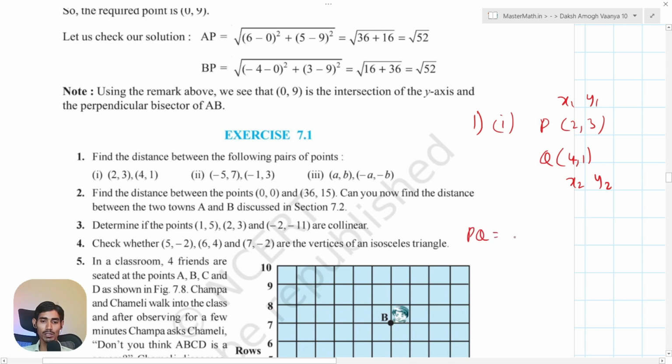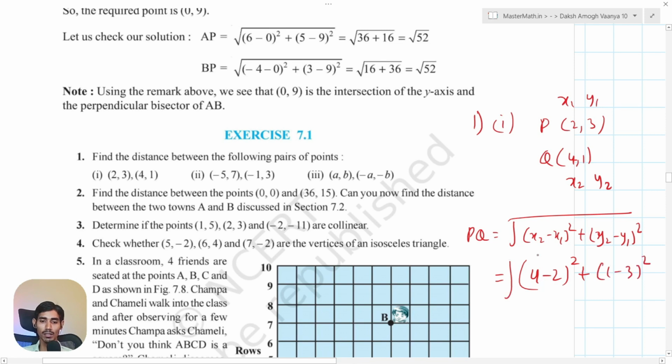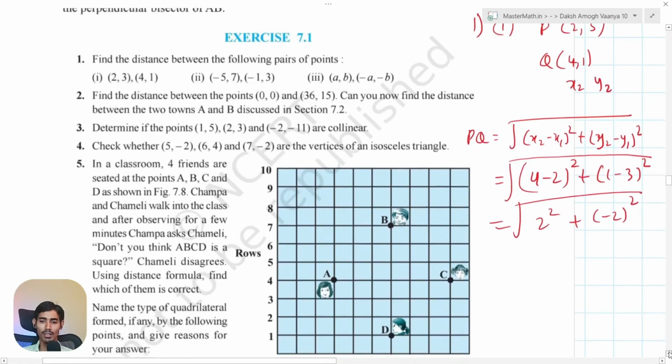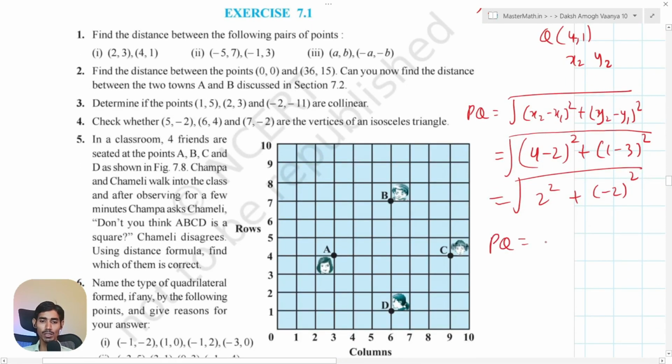So PQ distance is the square root of x2 minus x1 square plus y2 minus y1 whole square, which gives 4 minus 2 square plus 1 minus 3 square. So 2 square plus minus 2 whole square, which essentially would be the same thing, but we'll write whatever we are getting. So PQ is 2 root 2.